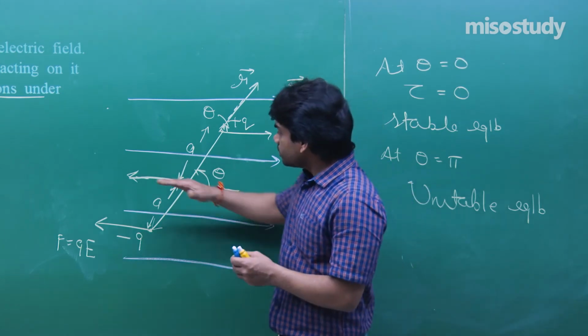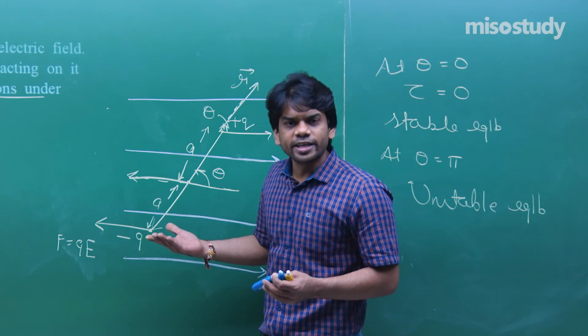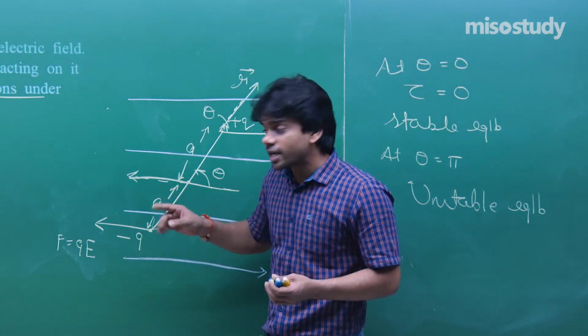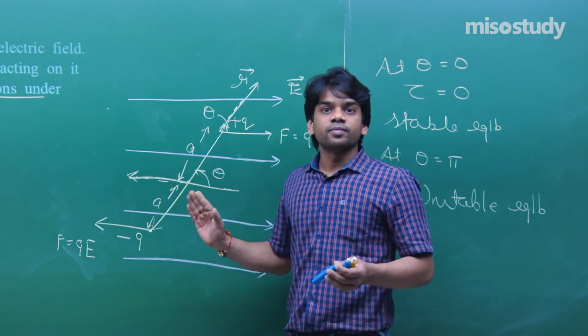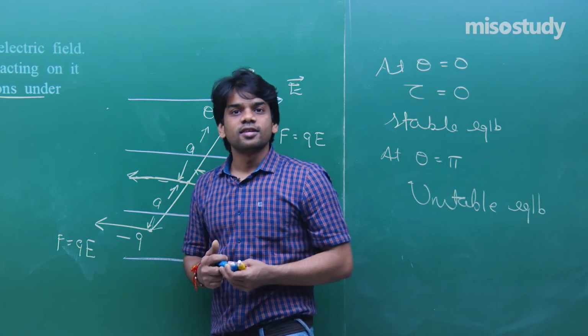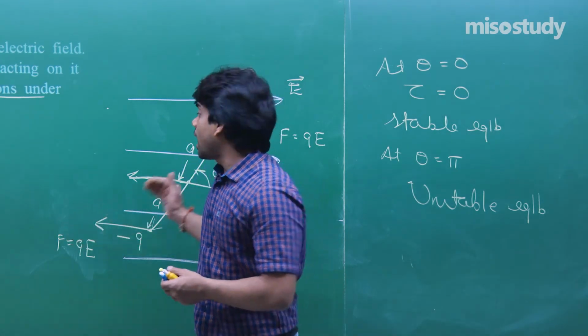Although the torque will come out to be 0, because sine 180 is 0, if a slight disturbance is given, it will automatically rotate towards the stable equilibrium sense, because the potential energy is maximum when the angle is 180 degrees.